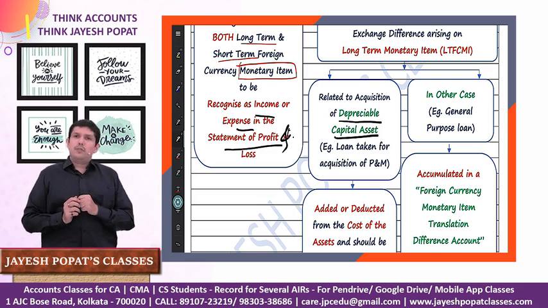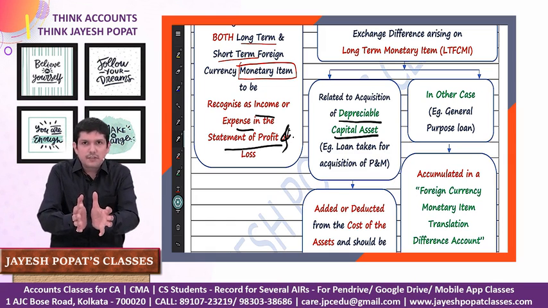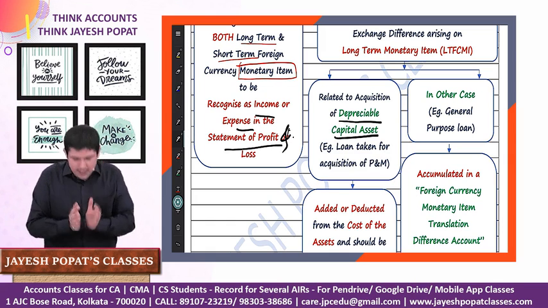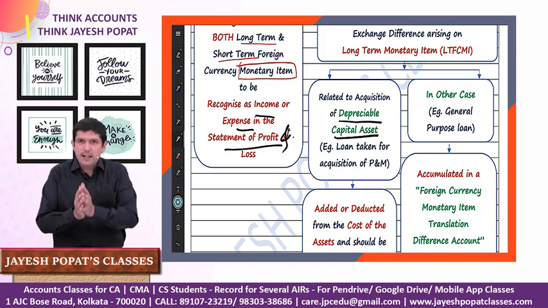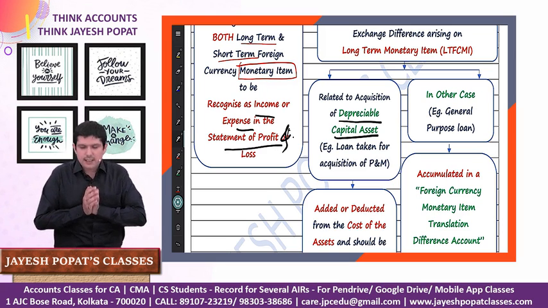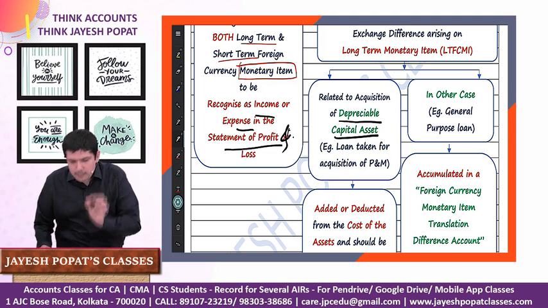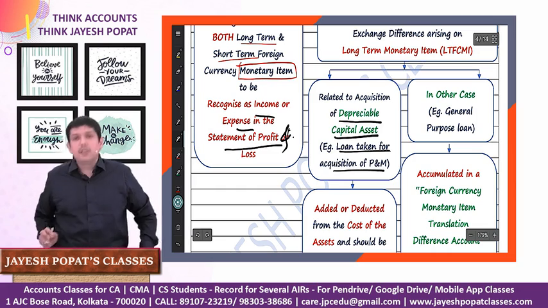I took a loan from US, and by using that loan, I purchased certain fixed asset. So in this case, I have taken a foreign currency long-term monetary item, maybe the loan is for 5 years, and with the help of this loan I have purchased certain depreciable fixed asset. So related to depreciable capital asset, example, loan taken for acquisition of plant and machinery.